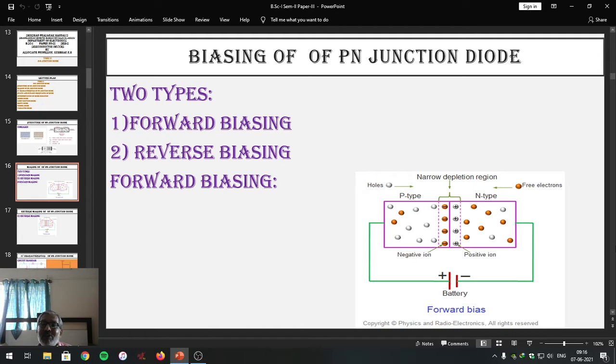If further diffusion is to take place, it is not possible, because within the depletion layer the ions are present which will deplete the further motion of charge carriers from one region into another region. That's why it is called a depletion layer.